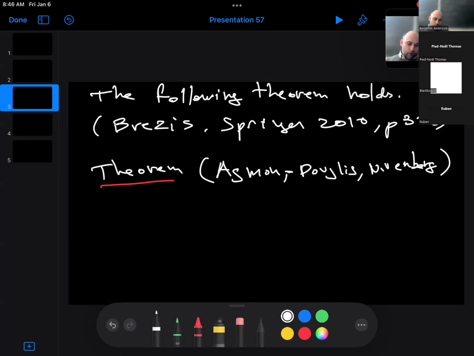So we suppose that omega is of class C2. I recall that it means that you can write the boundary with a C2 function.